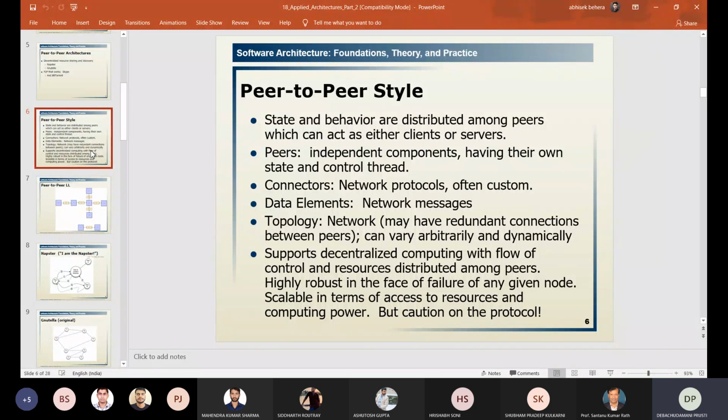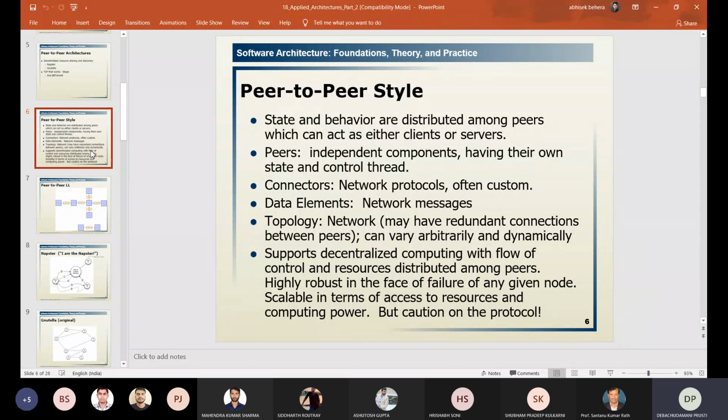It may have redundant connections between the peers, just like a mesh topology, where multiple duplicate connections are also there. It can vary arbitrarily and also dynamically. It supports decentralized computing, with the flow of control and resources distributed among the peers.